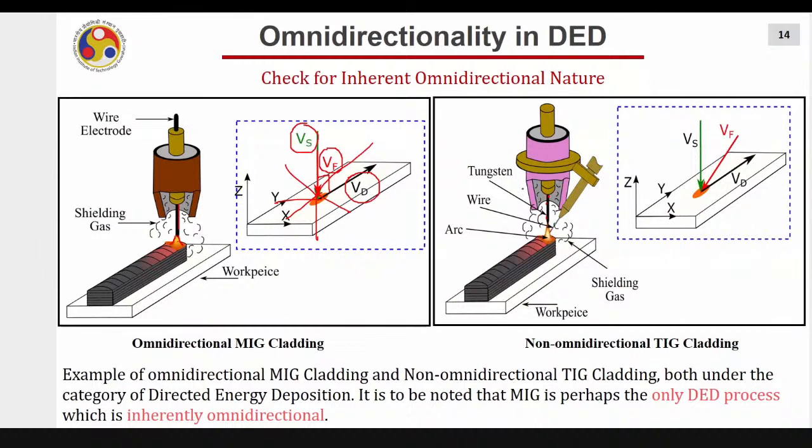Hence, vertical is the direction of the fusion source vector, Vs. Now you are feeding wire at an angle from this, maybe at an angle theta, assume that. This is Vf. And you are moving in a direction Vd, that is the deposition direction. Now this angle theta, what you have considered here, will have some angle between this and this also. So let me define that by phi.